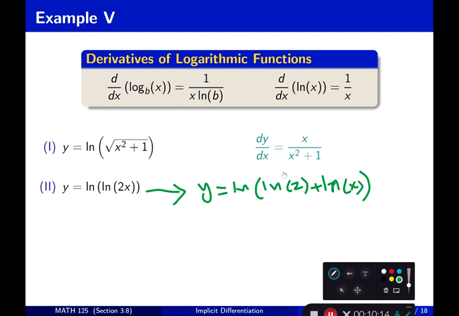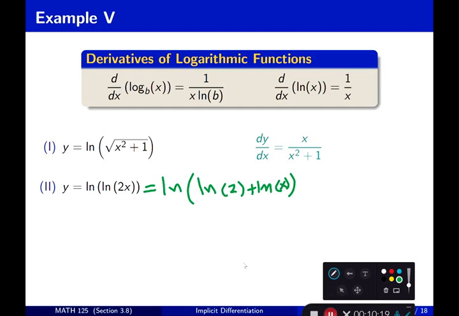And so now let's try to take the derivative of this. dy/dx is equal to, u in here is going to be this part. This is u.